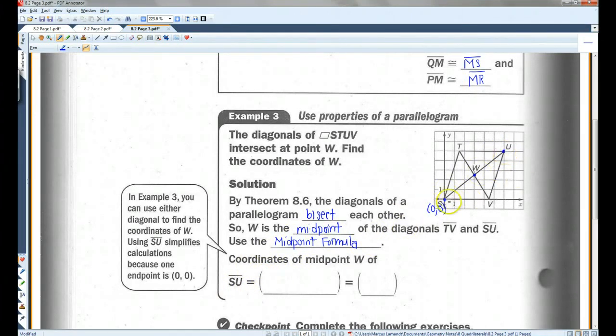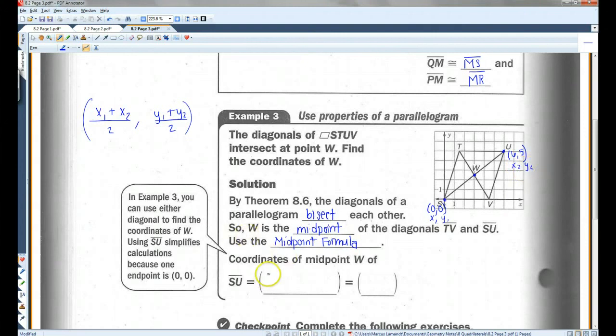And this, let's see here, 1, 2, 3, 4, 5, 6. 1, 2, 3, 4, 5. So this is 6, 5. Now hopefully you guys remember the midpoint formula is x1 plus x2 over 2, y1 plus y2 over 2. Okay, so I'll make this x1, y1, and I'll make this x2, y2.